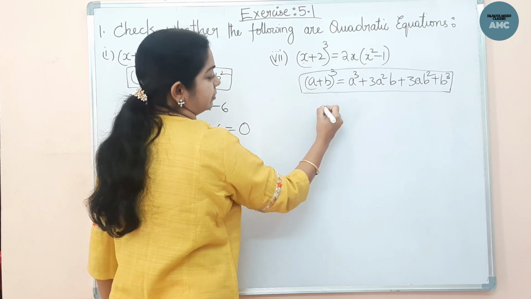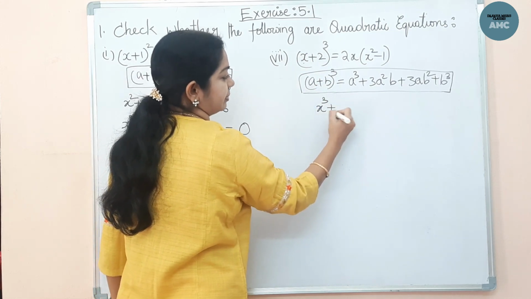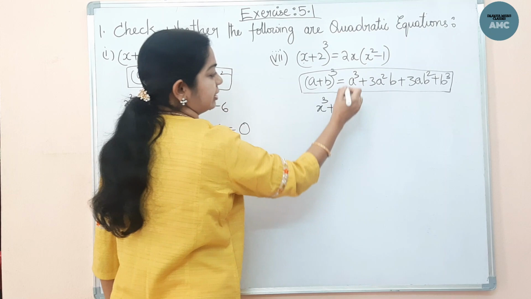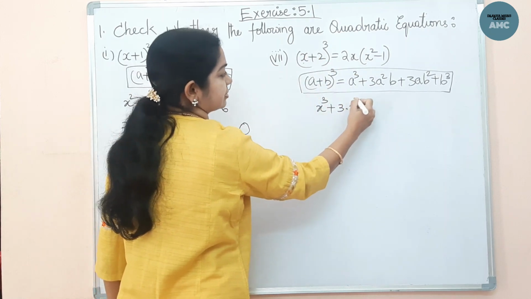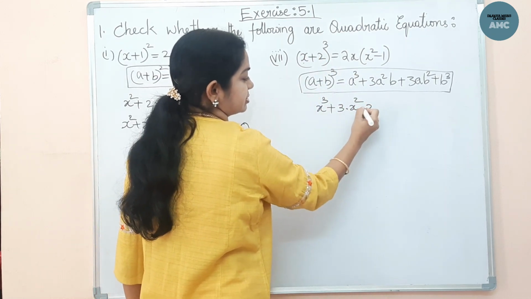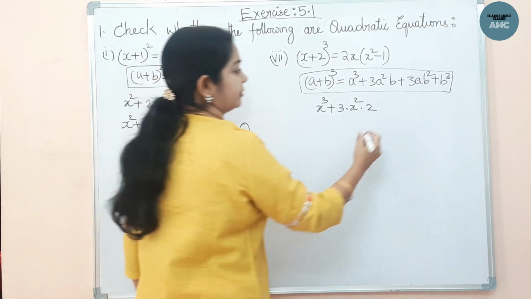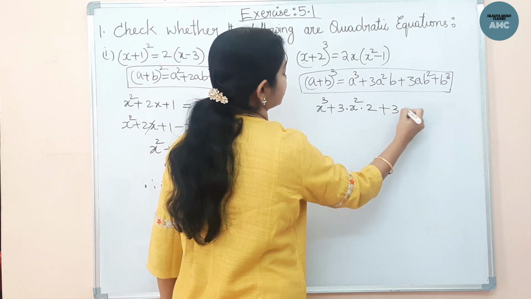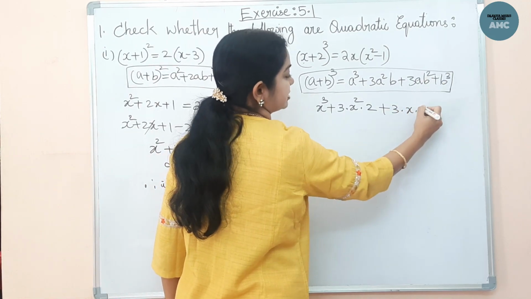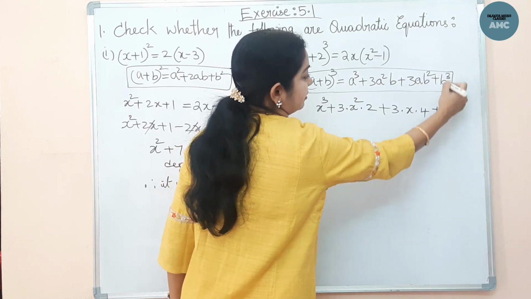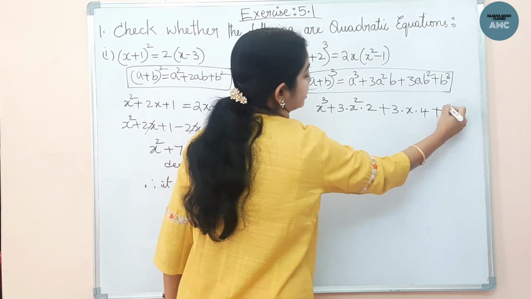Now x cube plus 3 into a square, x square, into b. This dot is multiplication, right? Now plus 3 into a into b square. b square is 2 square, that is 4. b cube is 2 cube, that is 8.